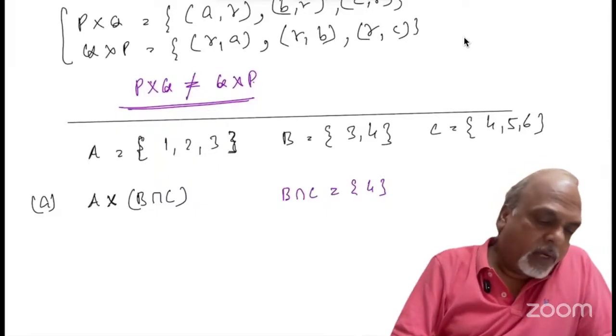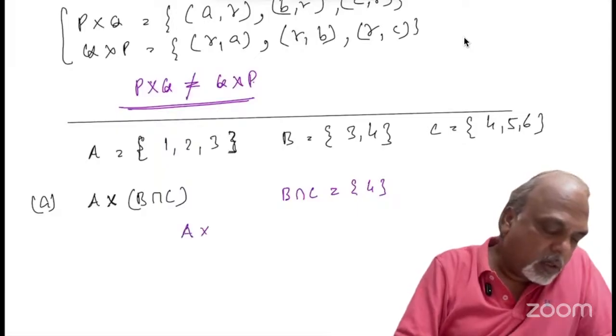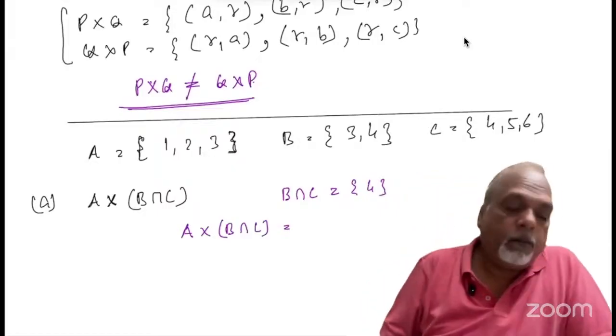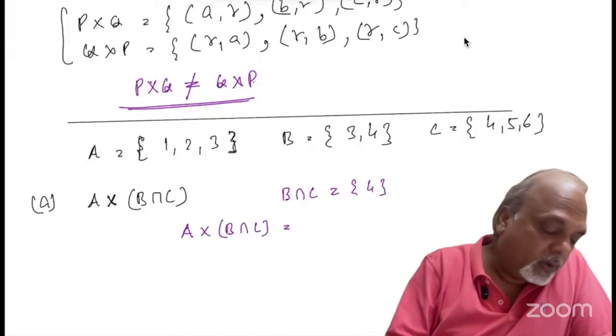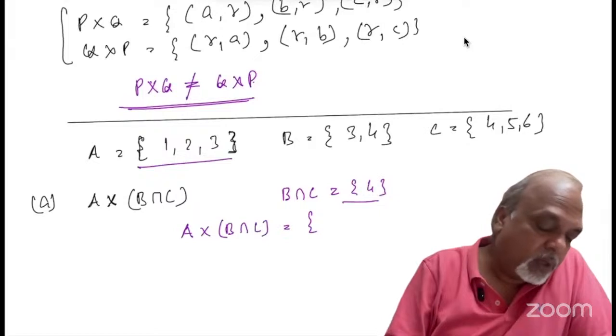And now we can find out A cross B intersection C. And what is this? A is given, B intersection C is this thing. Now you have to take the cross product, the Cartesian product.